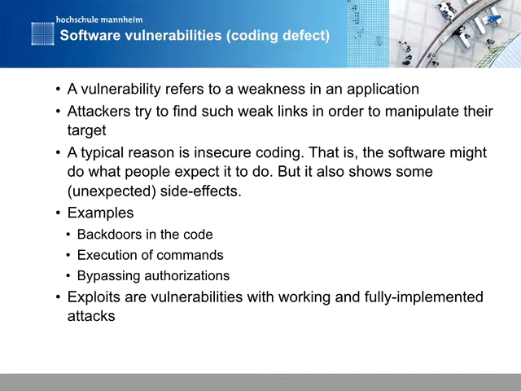So an exploit is software or maybe also just a recipe to make use of a vulnerability. A zero-day exploit is an exploit that is not yet known to the vendor, to the manufacturer of the software. So it's 0 days known.